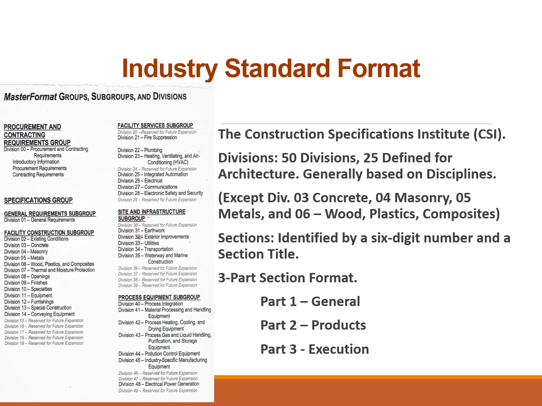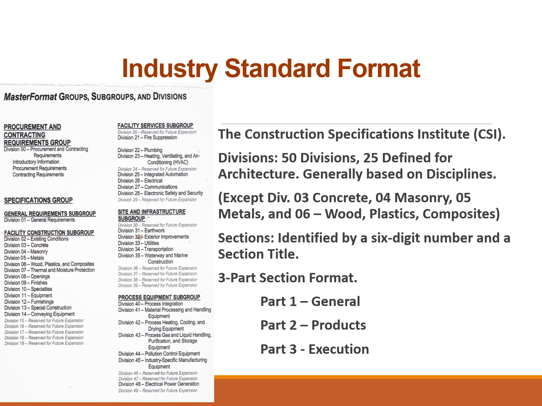division 00. The primary construction subgroup is divisions 02 to 14, which has the existing conditions, concrete, masonry, metals, wood, plastics, and composites, thermal and moisture protection, openings, finishes, specialties, equipment, furnishings, special construction, and conveying equipment.